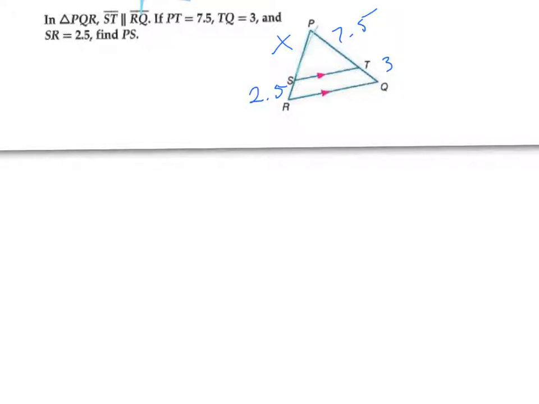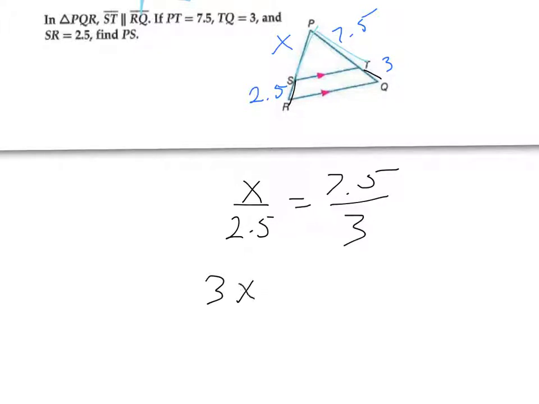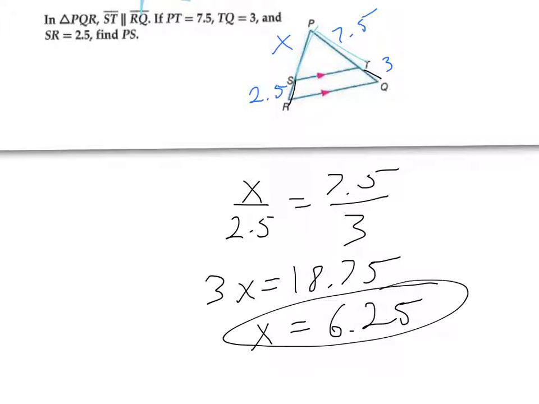This segment and this segment, so x over 2.5 is proportional to 7.5 over 3. Cross multiply, divide by 3, and x equals 6.25. Simple enough.